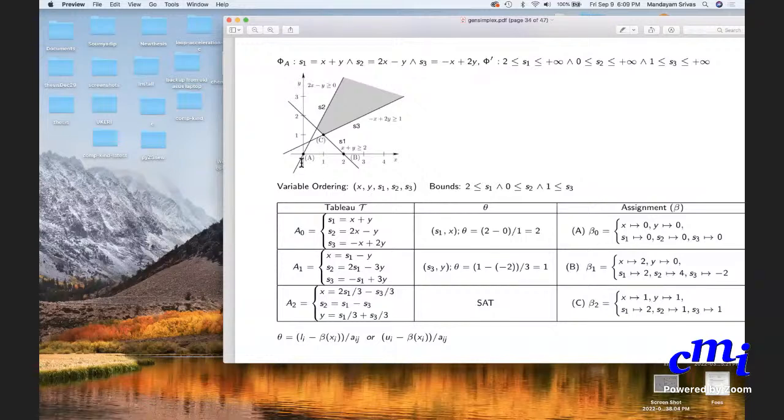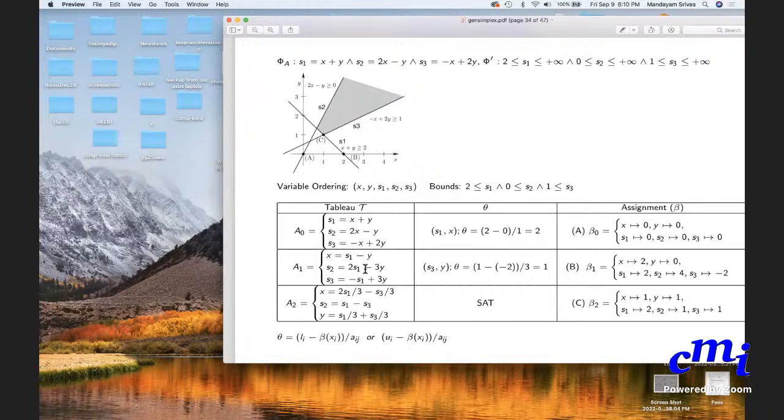So what happens as a result is your current assignment moves from point A to point B, which is still outside the solution space, because even with this new assignment, S3 still violates its constraint. Since there is no constraint on x, x is not in violation, but S3 is in violation.